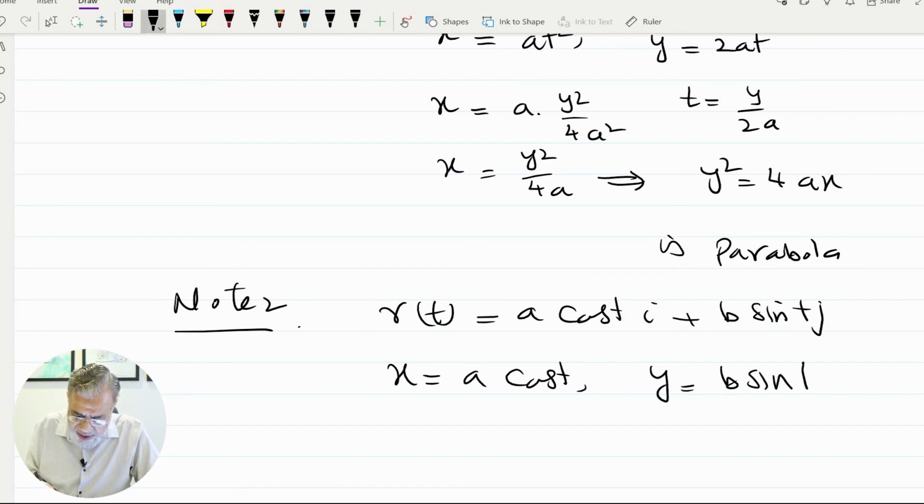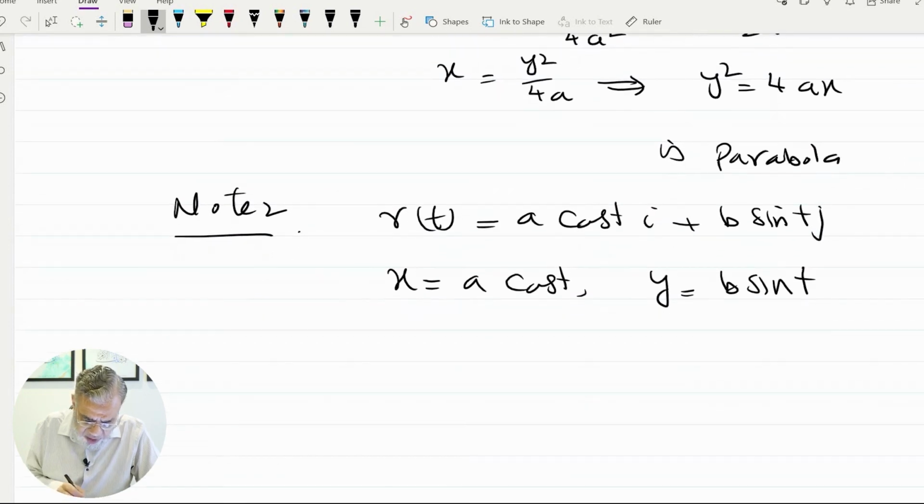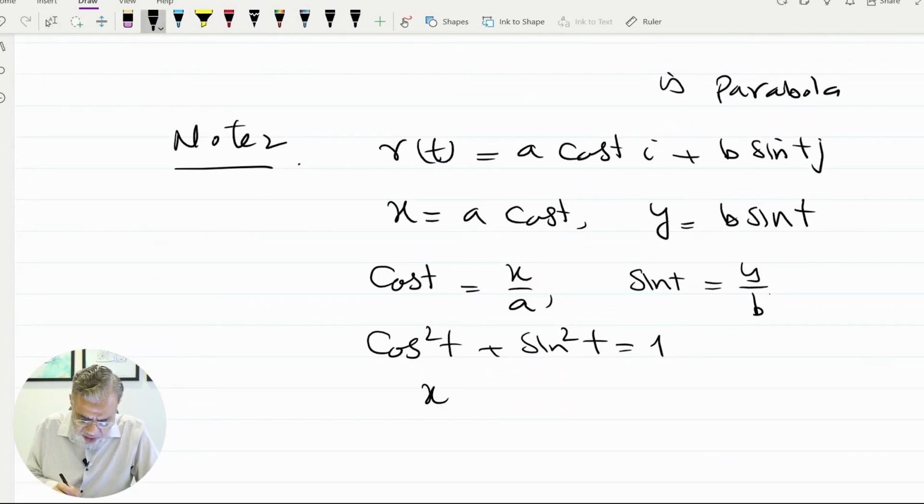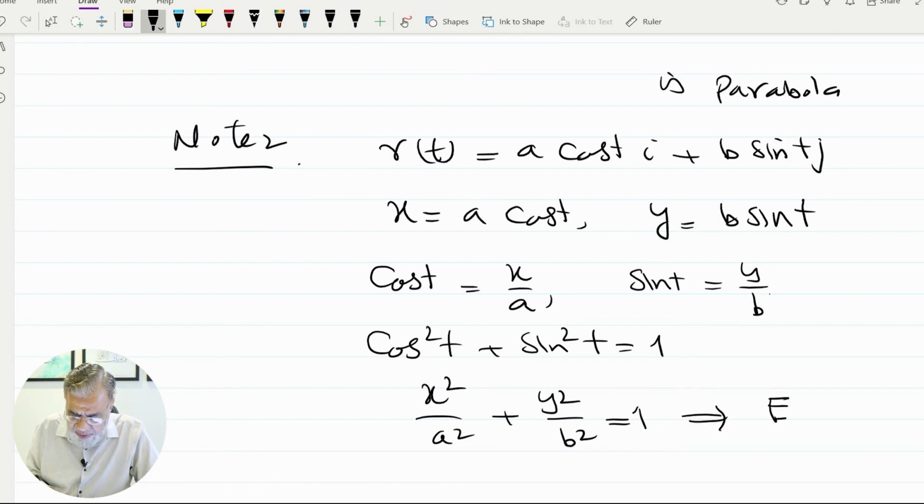So cosine t is equal to x over a, and sine t is equal to y over b. Now use the trigonometric formula: cosine squared t plus sine squared t is equal to 1. I substitute the values and get x squared over a squared plus y squared over b squared equals 1. What does it represent? This represents the ellipse in the xy plane.